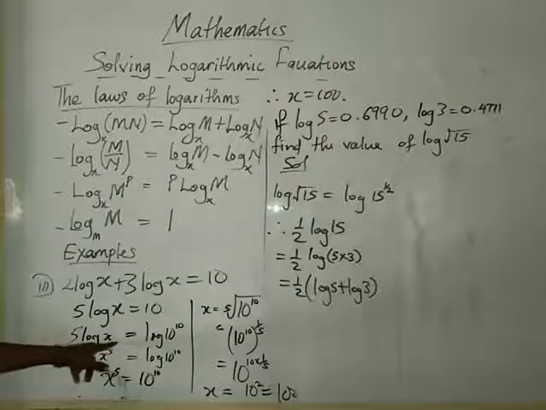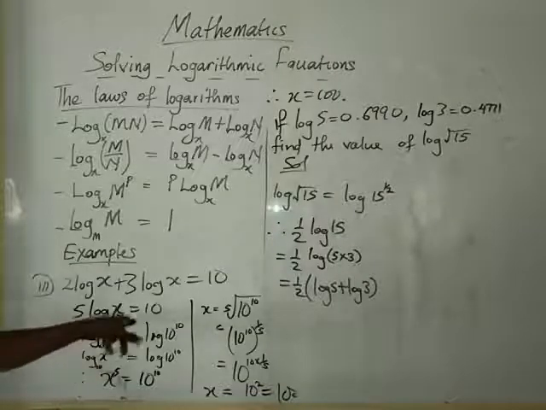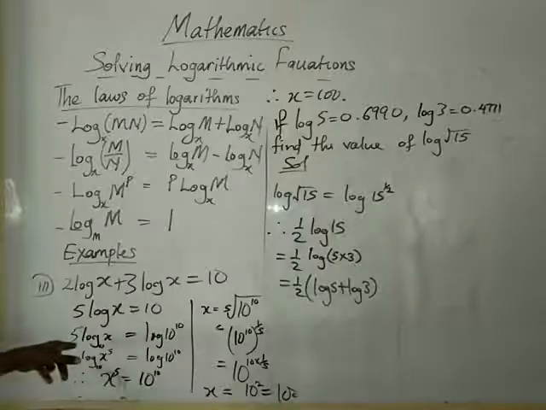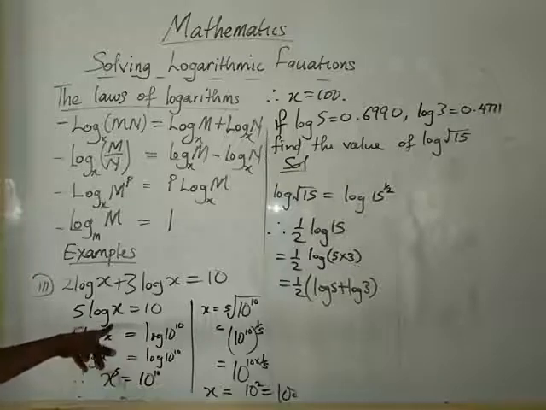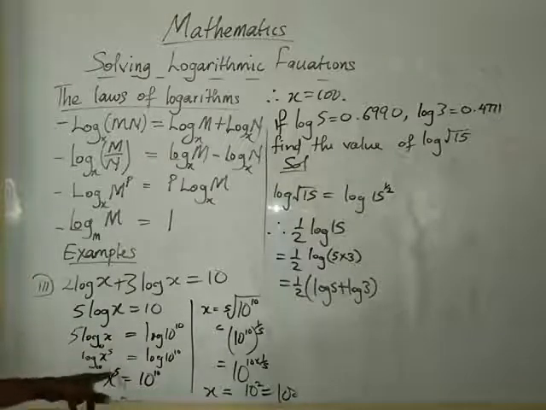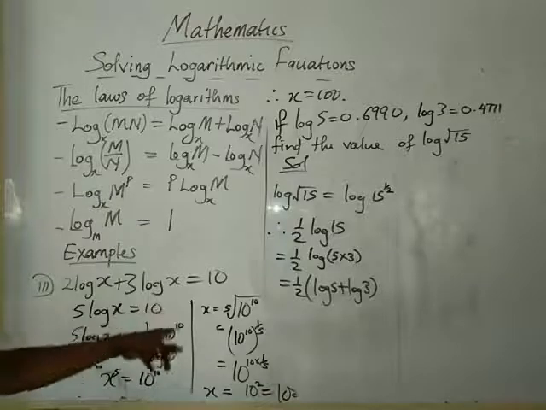Here I have 5 log x equals 10, which means 5 log x to base 10, because we're not given a particular base, meaning it's common log to base 10, equals log 10 raised to power 10 to base 10.